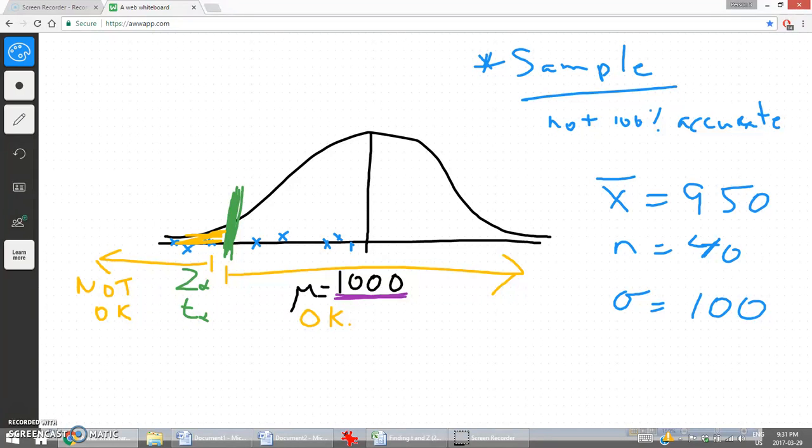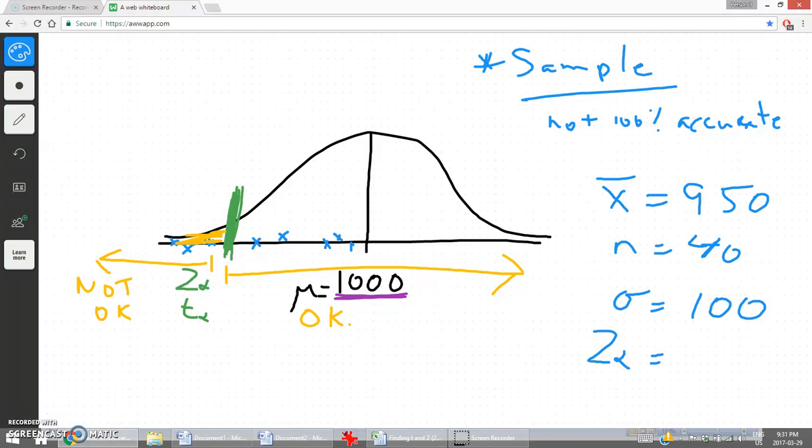Because the population standard deviation is known, we can use a Z value. That's where our critical value comes in. If the population standard deviation was not known, we would have to use the sample standard deviation, and then we'd have to use the critical value for T instead of Z.